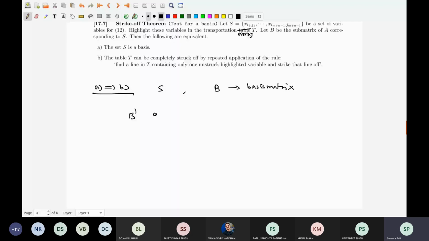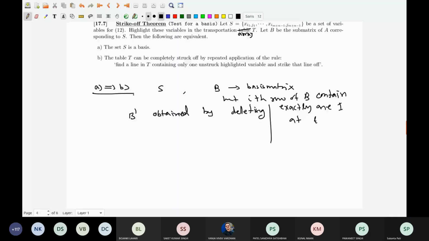So let the ith row of B contain exactly one 1, let's say below the variable xlk.